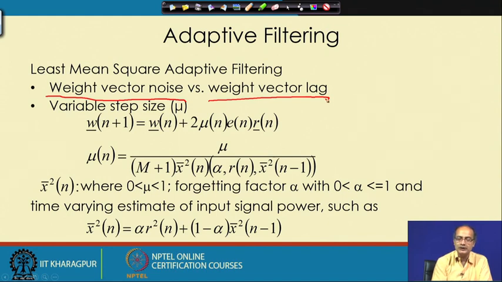So, if we choose mu to be very small, then what will happen? The rate of updation also would be very small, because whatever change we are suggesting, we are reducing it by multiplication with mu. So, we are taking only that part of the suggested change.